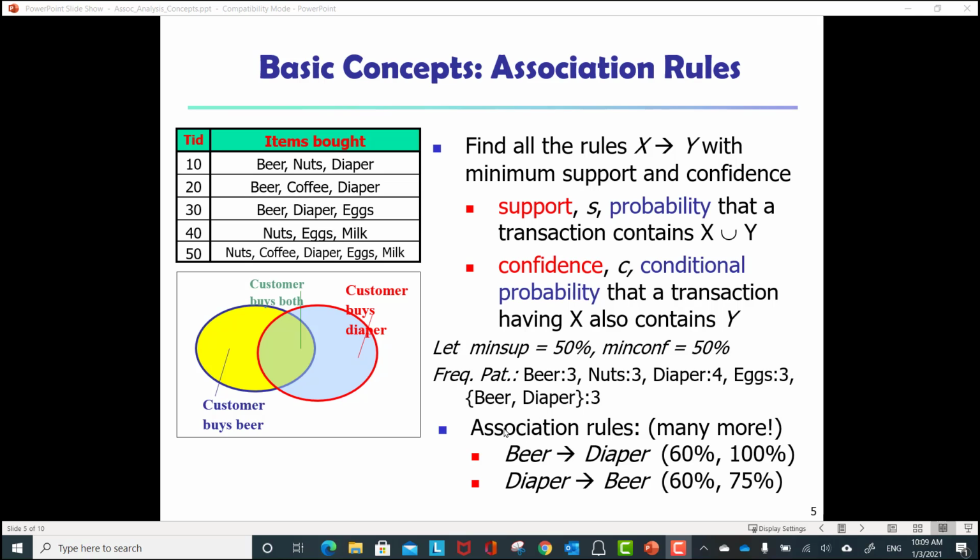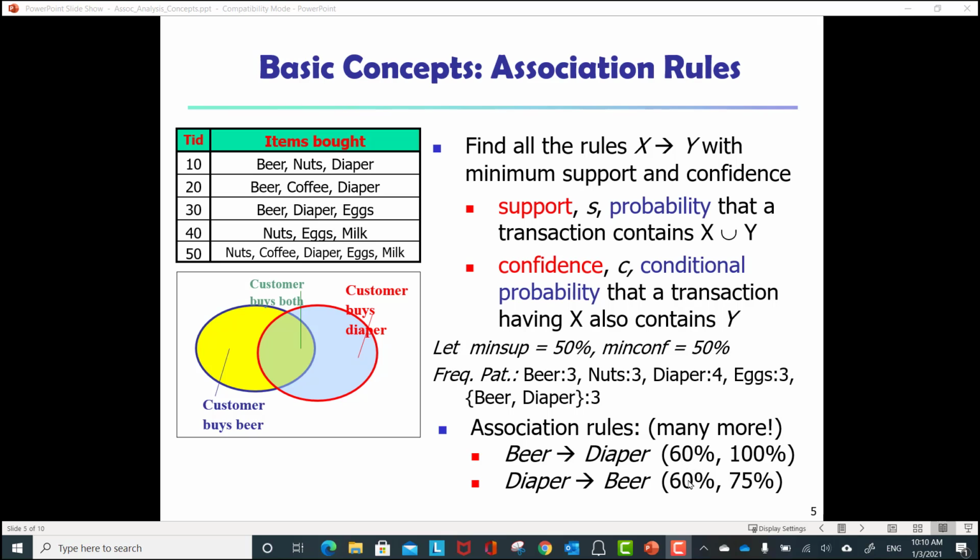Then for each association rule, we need to find out the support level, and then the confidence. Confidence is simply a conditional probability that a transaction having X also contains Y. Support is 60%. We already know that. Beer and diaper frequency is 3, so 3 out of 5 transactions.